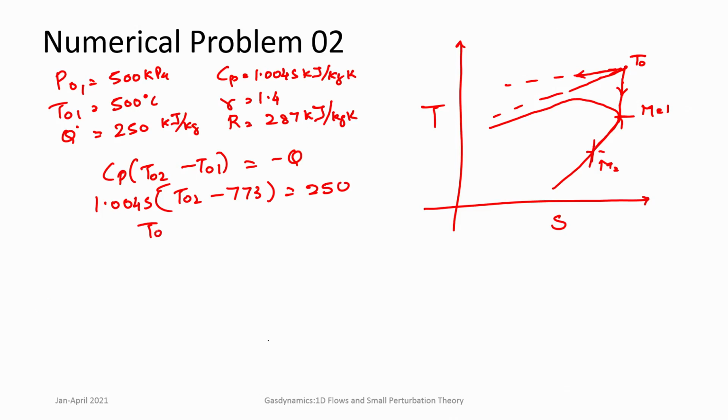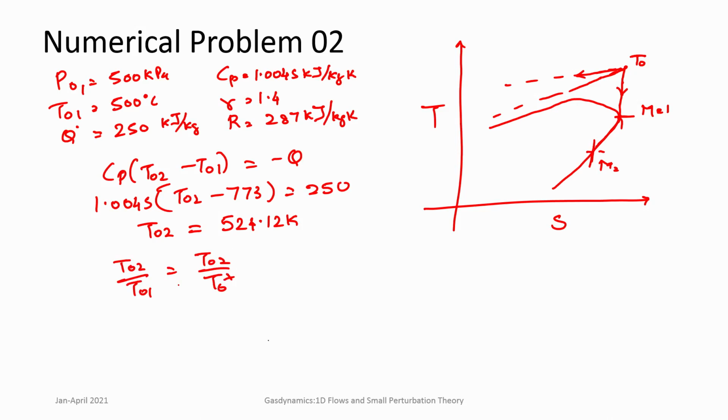From here we get T02, which is 524.12 Kelvin. From here we can get what is, so this corresponds directly, if you do T02 by T01, this is equal to T02 by T0 star.